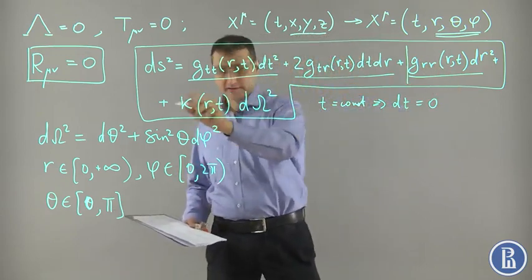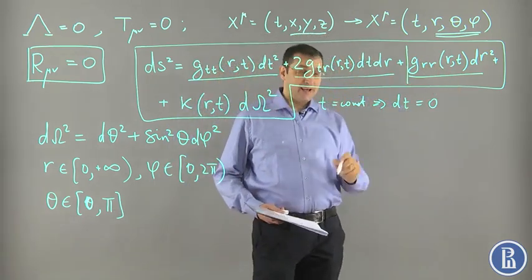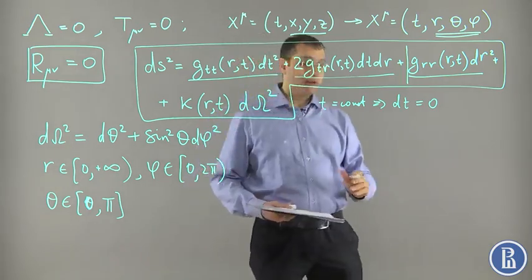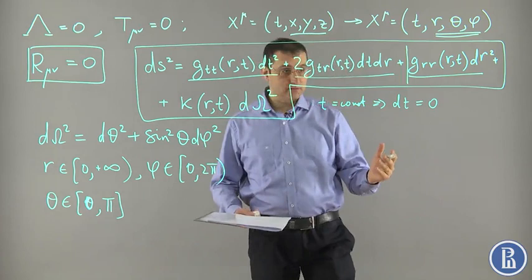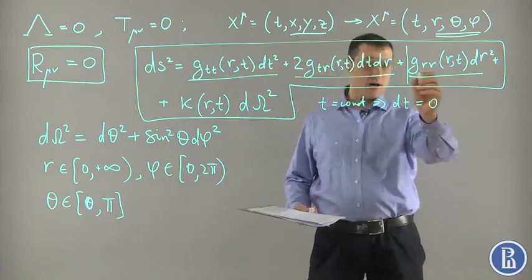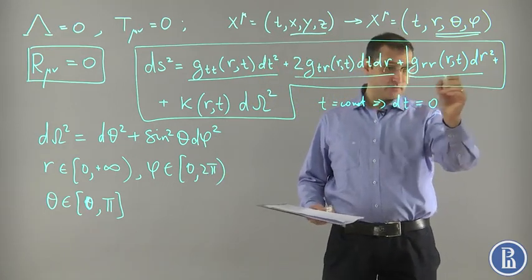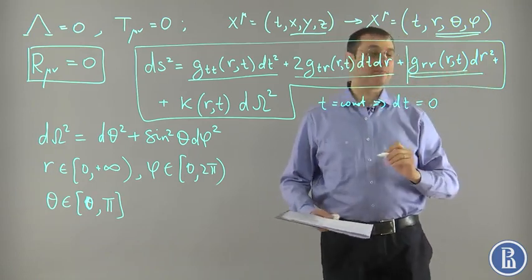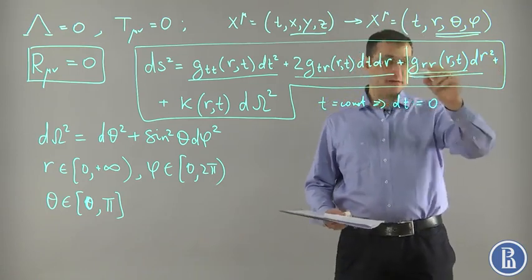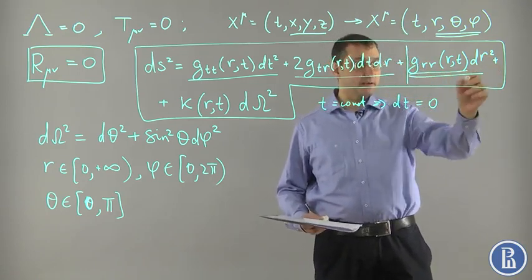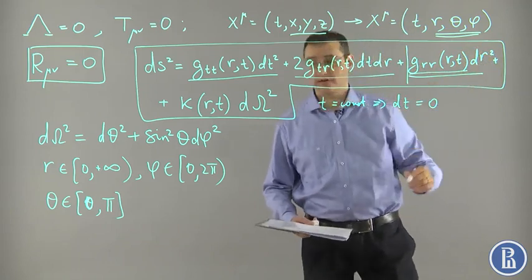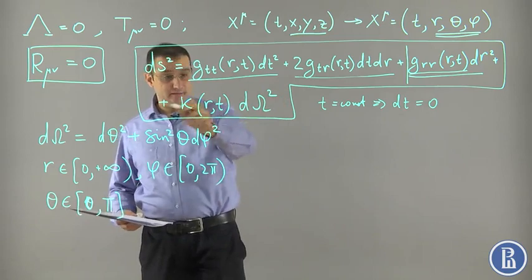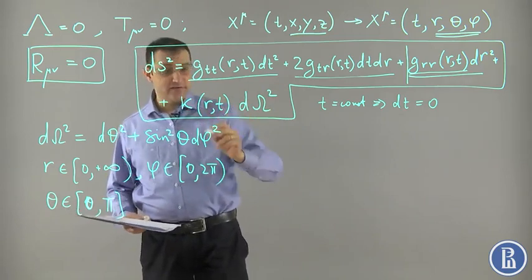This spatial part of the metric for t constant is sliced like an onion by spheres whose radii are fixed by this quantity. So this part of the metric specifies the radii, because it specifies the proper distances in the r direction. And this part specifies the area, how the area of the spheres is changing.